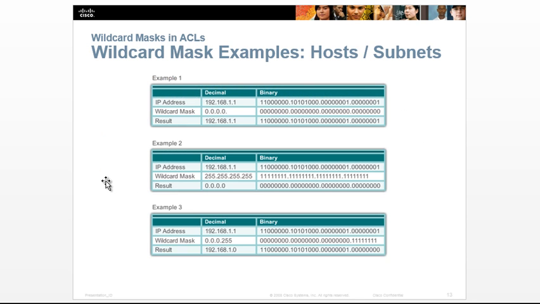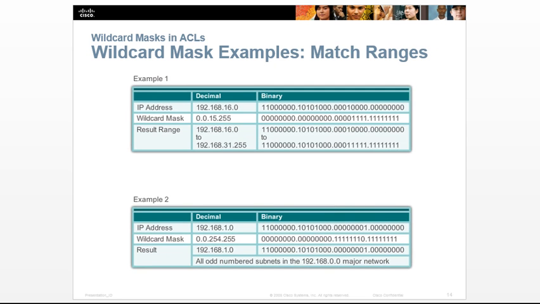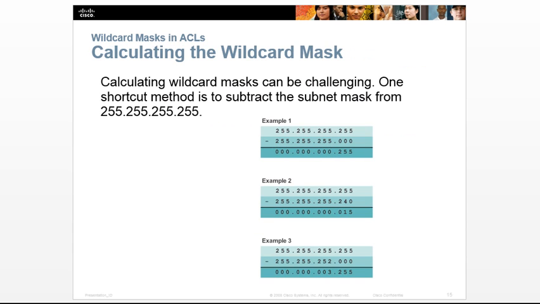So here they're going to give you just a little example of that. Here we see the IP address, wildcard mask 0.0.0.0. You see that they're just the opposites. And here they're showing that that's what's used to make a match based off of an access control list.